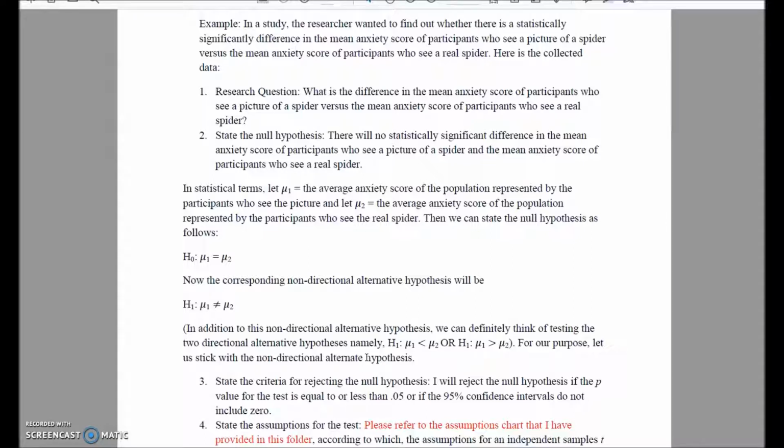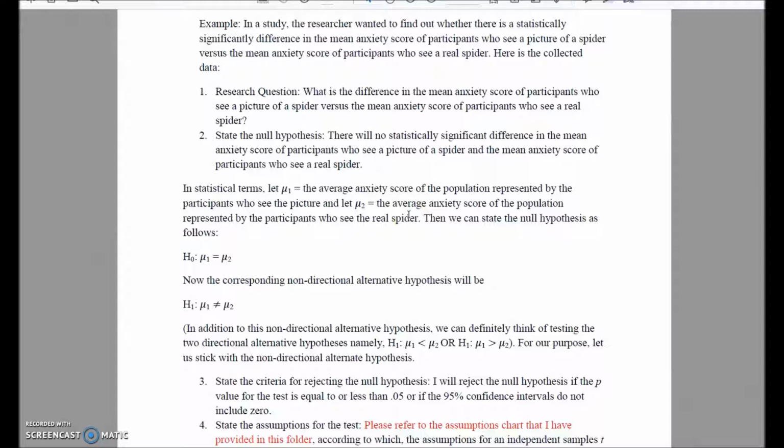If I want it to be directional, I can say that mu1 is less than mu2. That means the average anxiety score of participants who see the picture is less than the average anxiety score of those who see the real spider. Or vice versa, that those who see the picture is more than the real spider. Even though I'm not sure why I would state it like this if my real spider group is the experimental group.